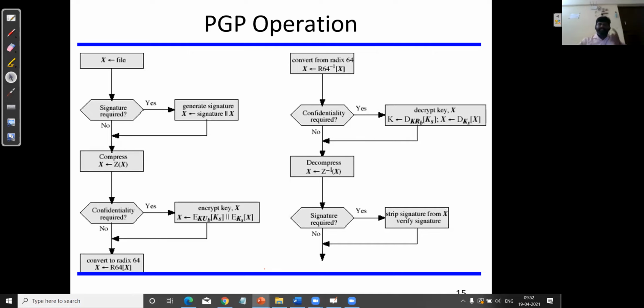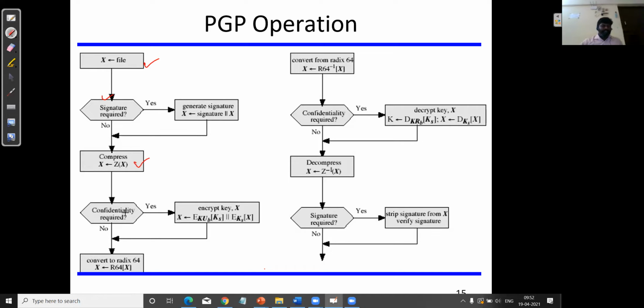The first thing is that this is the information or the file which has to be transferred through the email. If you want to apply any digital signature algorithm, we can apply any hash function and then the signature, and then you can compress the file.